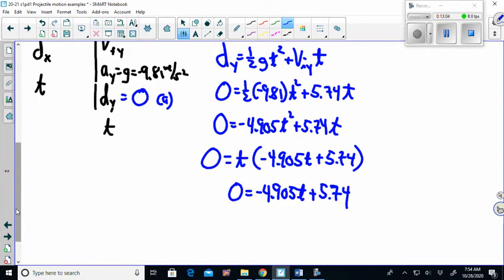Those are both negative. I'm going to get t equal to 1.17 seconds. Okay, so my part A solution, the ball spends 1.17 seconds in the air and then lands back on the ground.